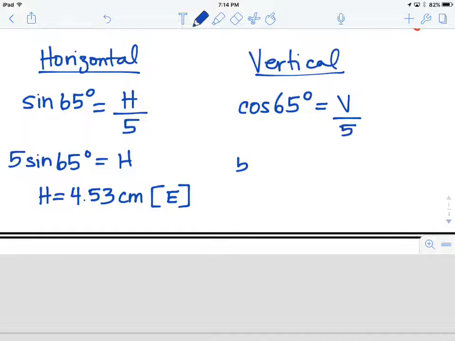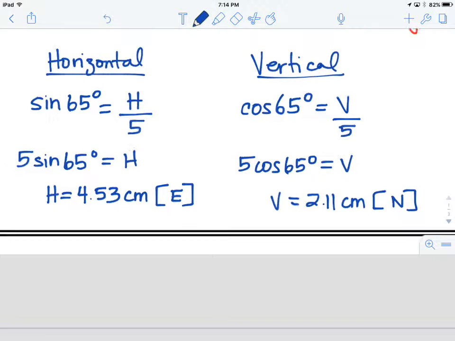So 5 cos of 65 degrees is equal to v. My vertical vector is 5 cos 65, which is equal to 2.11 centimeters. And this would be in the north direction.